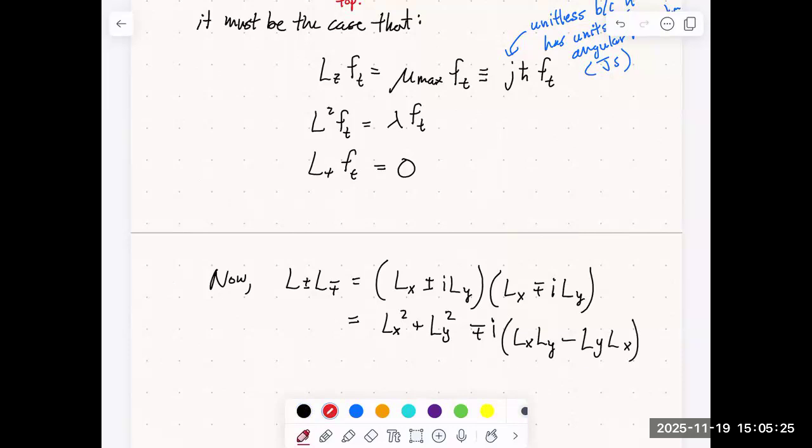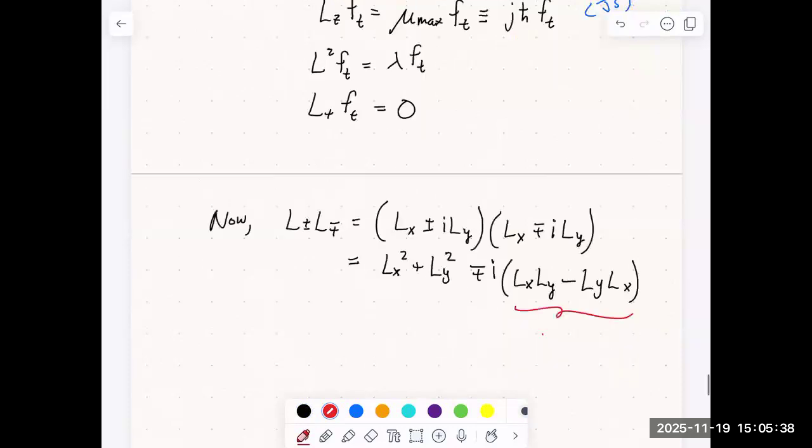Well, we've already seen this a bunch of times. This is the commutator of Lx and Ly. Remember, it's just the order of the indices x, y, z. So this is going to be i h bar Lz.